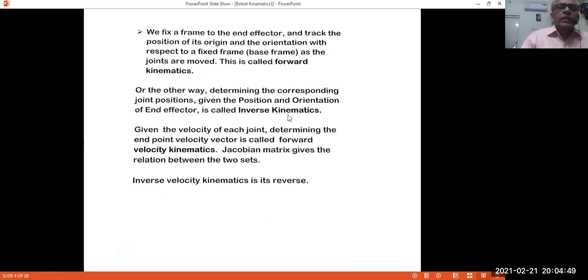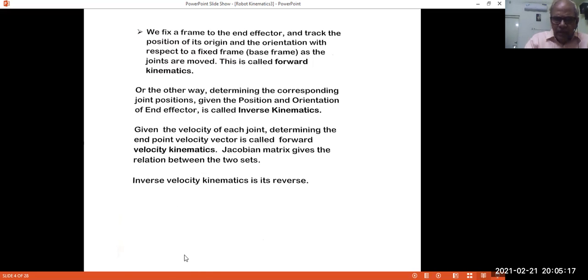Again, some terminology. The forward kinematics is finding out the position and orientation of the end effector given the joint variables, given the angle of rotation or displacement of the joints. If you want to know the position and orientation of the end effector, that is called the forward kinematics problem.